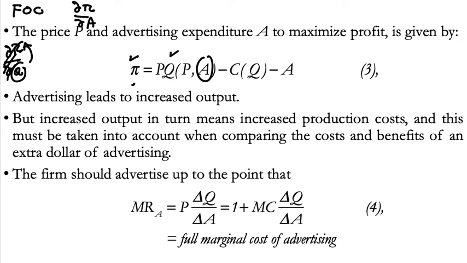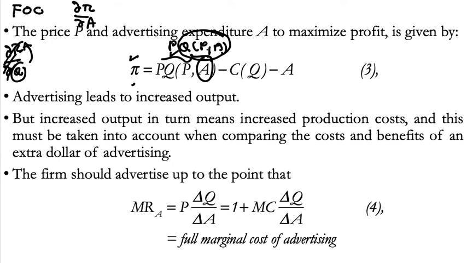Alright, you can see here this one is total revenue, which is price times Q. But Q here is a function of P and A. Now, price times Q, because Q consists of A and P, we need to differentiate this total revenue function with respect to A, isn't it?